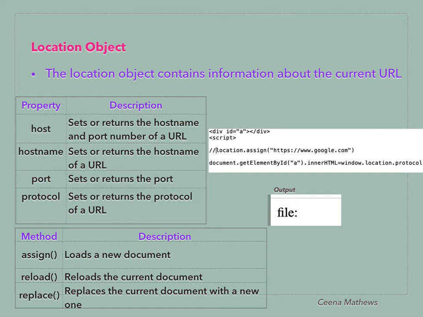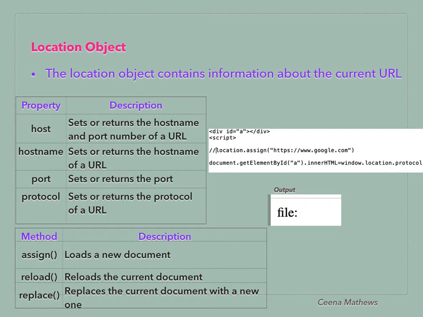And the methods are assign, which loads a new document. As you can see in the example given in the code, it has been commented, because if I run this location.assign, it will move on to the given URL. Okay, it will be loading this URL page.